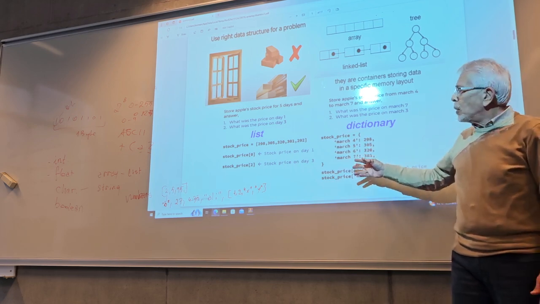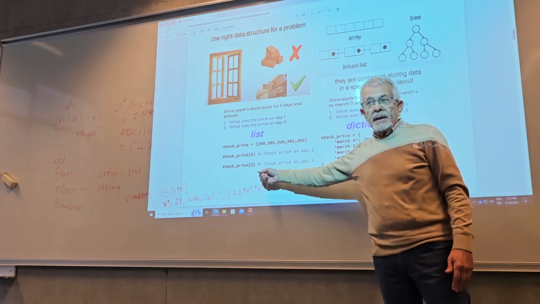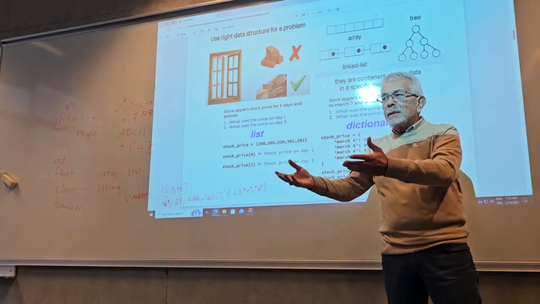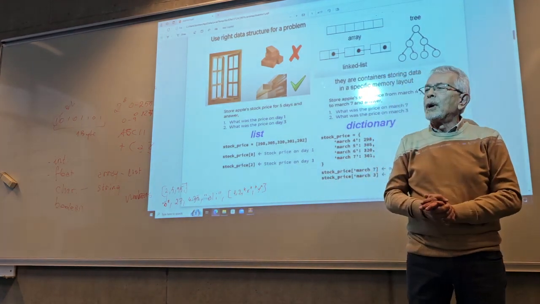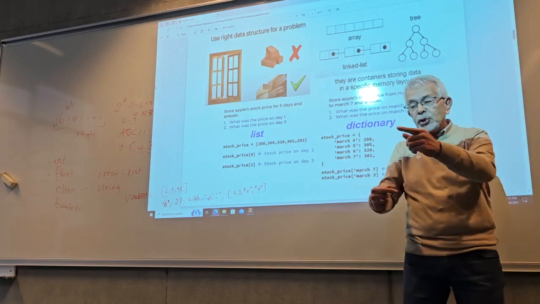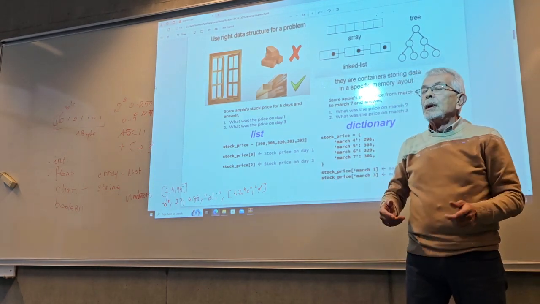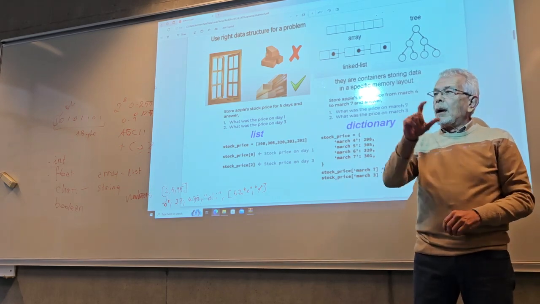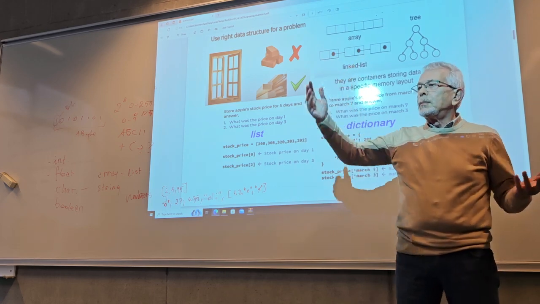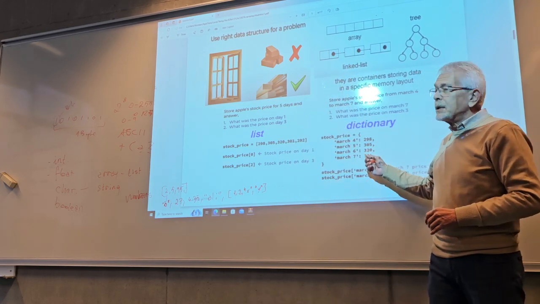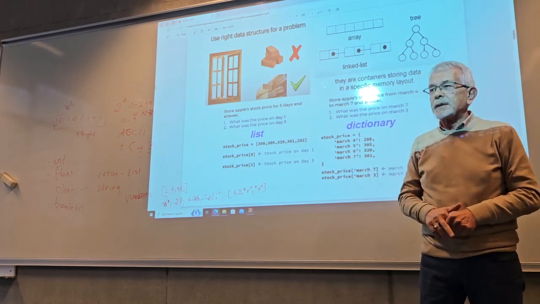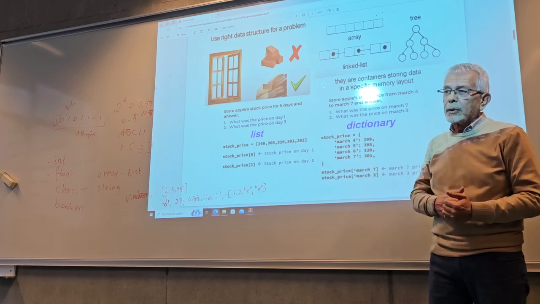So write a program using lists, and let the user ask for the price of a certain good, let's say apple, and reach it. Take the time. I mean, how long would it take to reach it, let's say, in 1,000 items? But using dictionary data structure, it will take much less. It will be much faster, okay?